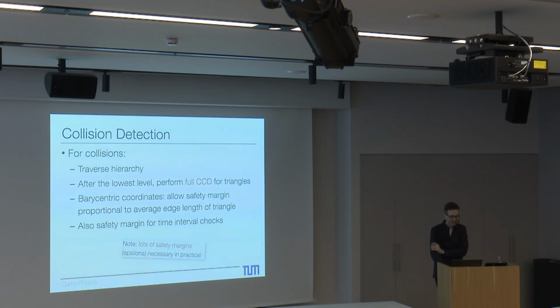So one thing to note here, there are really a lot of safety margins. Essentially, every step along the way, we have some buffer. There's epsilon in time and in space for every step along the way to make sure we don't miss anything. You rather spend a bit more effort here than miss a collision and get into these bad states.